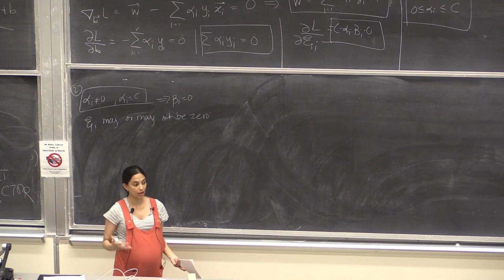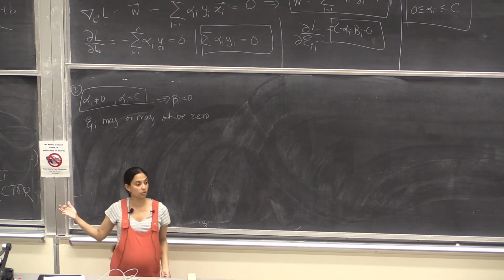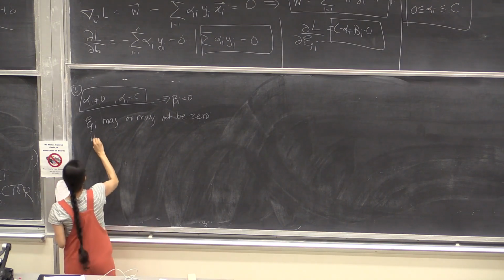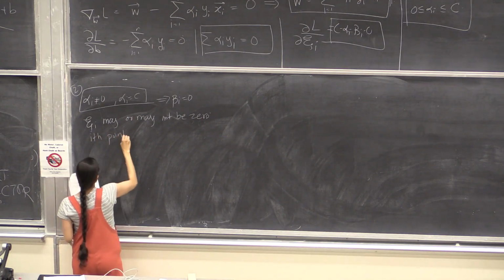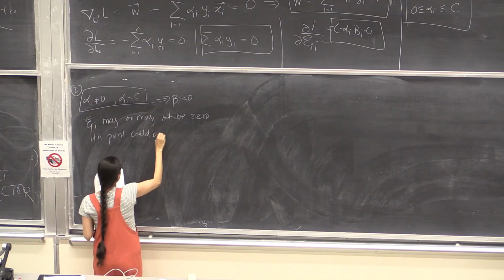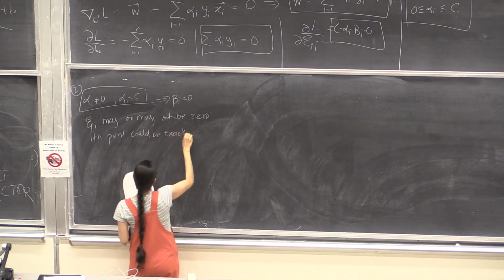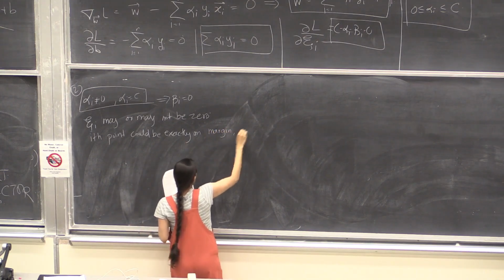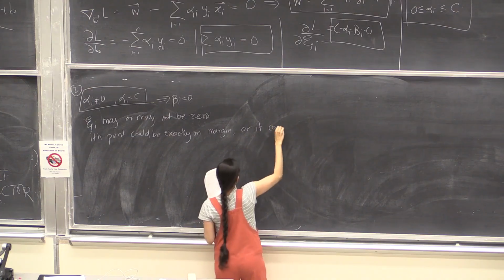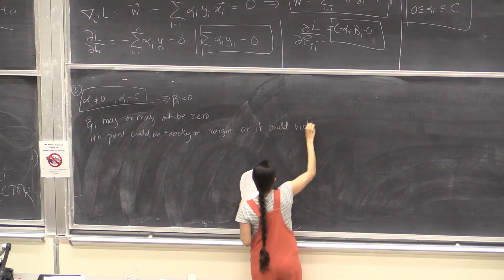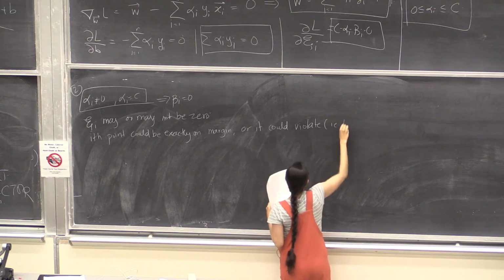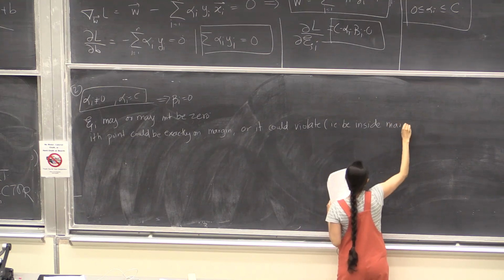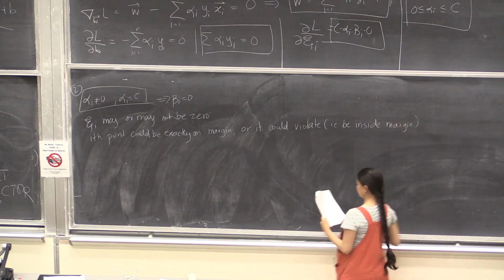But you don't know now whether this is exactly on the margin or it's violating. It could go either way. Okay? So the ith point could be exactly on the margin, or it could violate.